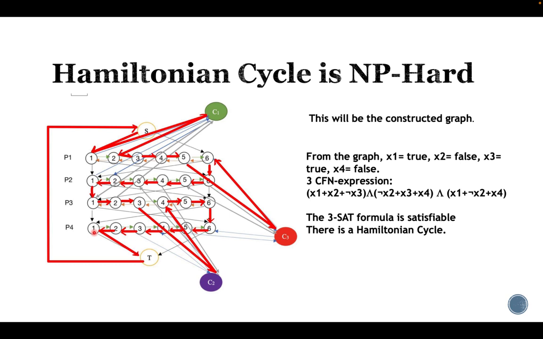So the cycle traverses the nodes corresponding to the assignment that satisfies all clauses in the 3-SAT formula. Therefore, any instance of the 3-SAT problem can be reduced to an instance of the Hamiltonian cycle problem, and we can conclude Hamiltonian cycle is NP-hard.